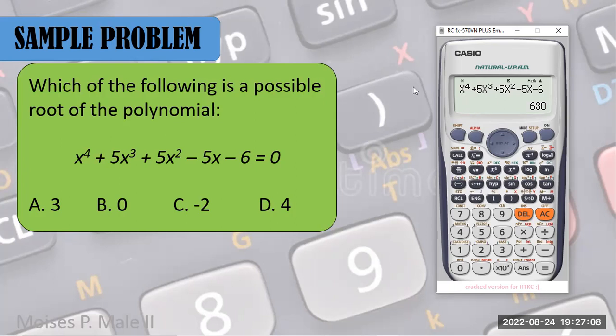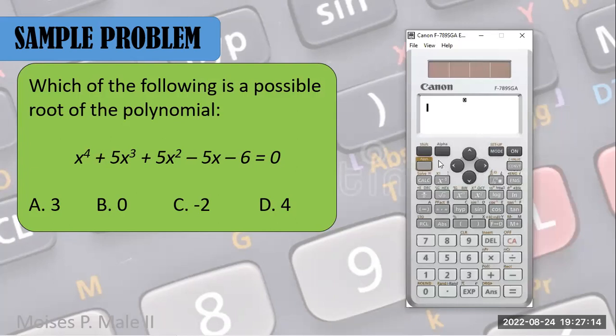So sa CANON naman walang pagkakaiba, no? So same. Okay. Just input the equation. Okay. Tapos calculate lang din. Square na. Minus 5. 6.